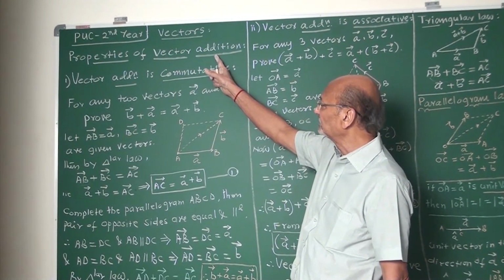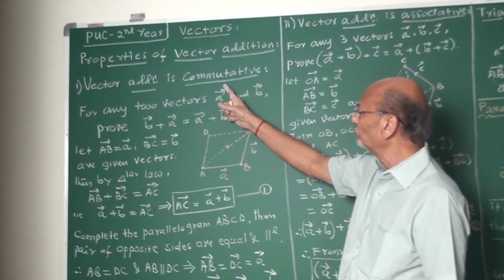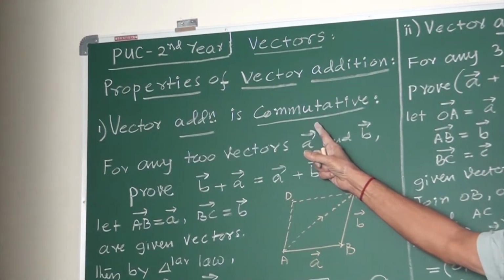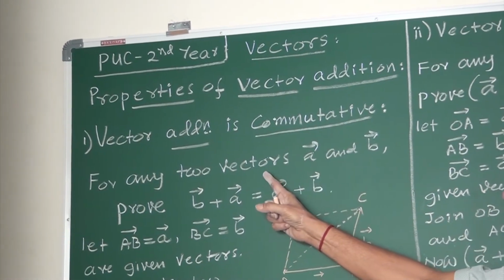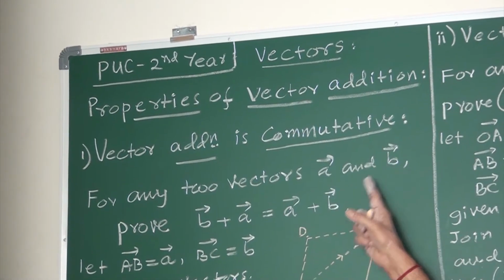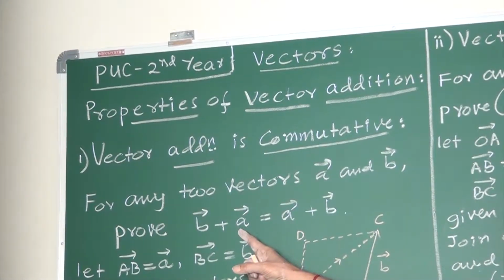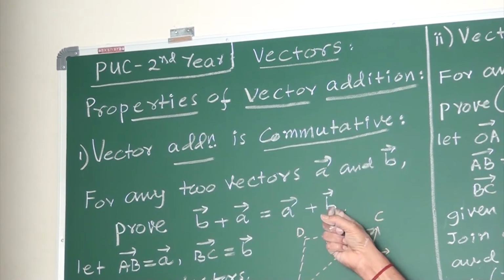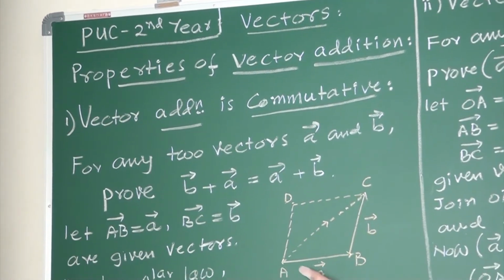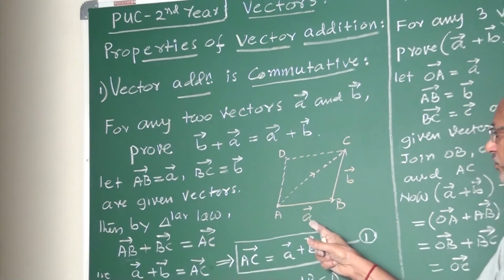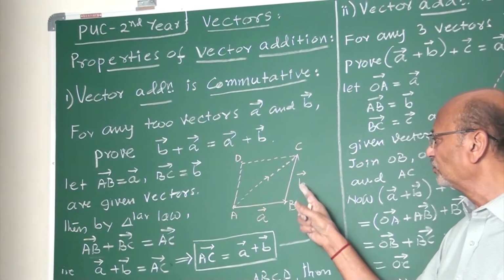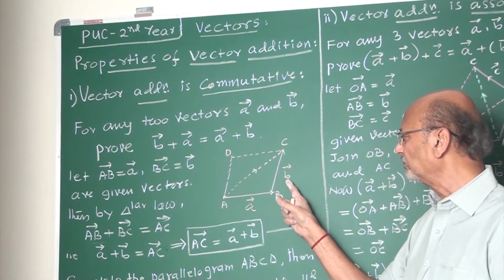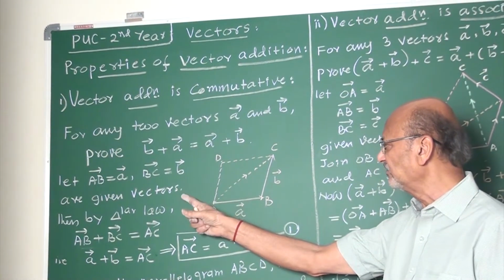Properties of vector addition. First one, prove that vector addition is commutative. Commutative, what is that property? For any two vectors A and B, prove vector B plus vector A equal to vector A plus vector B. This we wanted to prove, my friends. Let AB equal to vector A, BC equal to vector B. Yes, we have taken these out of the given vectors.